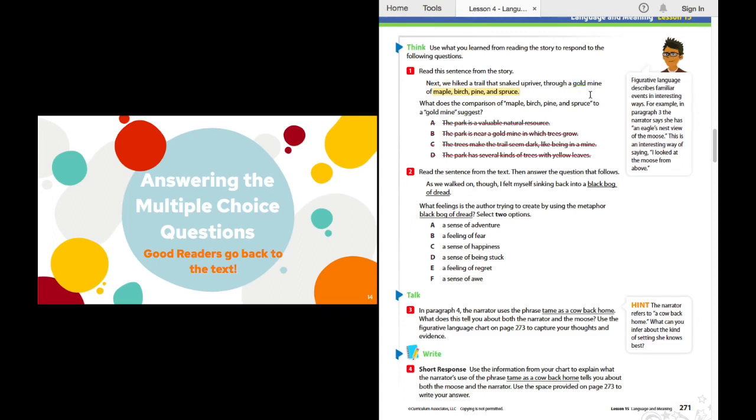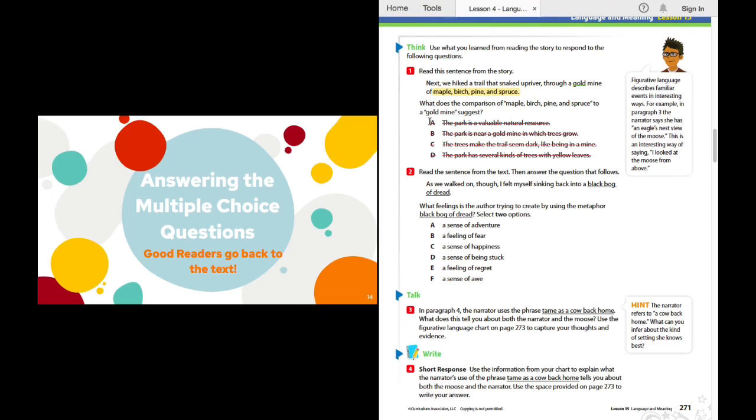It's rich. So the trail is being compared to a gold mine because it has a lot of different natural things that are valuable or that seem to look nice for the author.